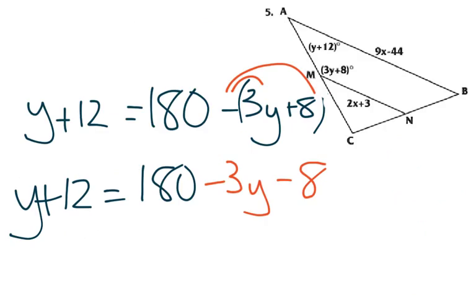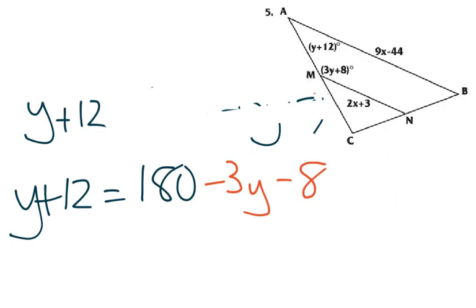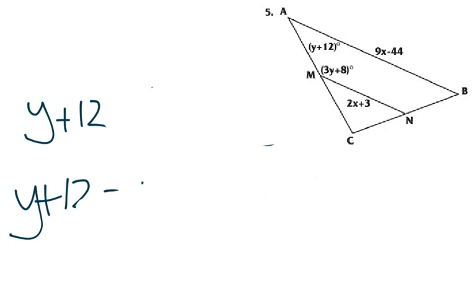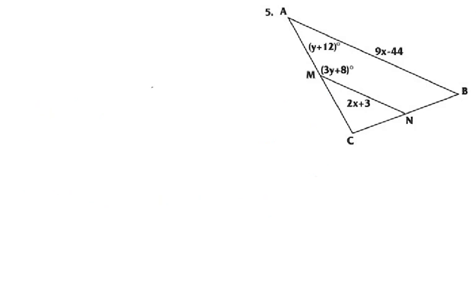But let's go ahead and plug it in and make sure that it makes sense. So I'm going to give myself some space. So y equals 40. So this angle measure would be 52, because 40 plus 12 is 52. And then I'm going to plug it in here.